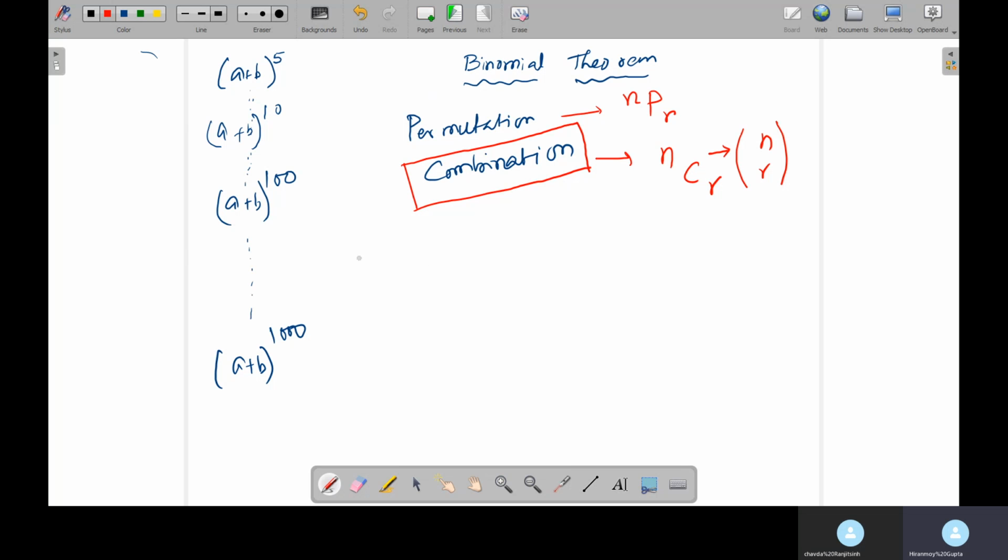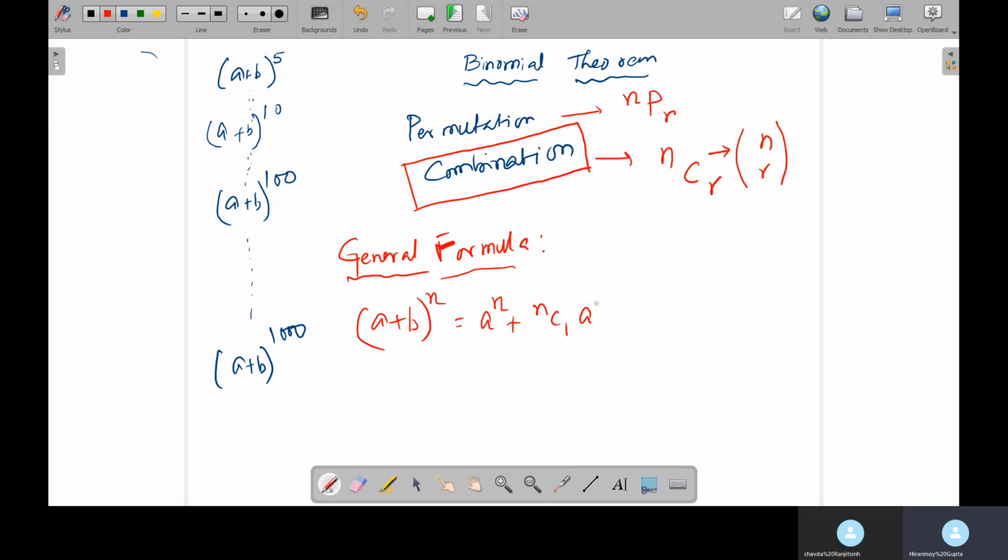Now there's a general formula for the binomial theorem. The general formula is a plus b whole to the power n is a to the power n, nC1, okay, the first value it is coming. I'll come to the point what is nC1 and nC2.